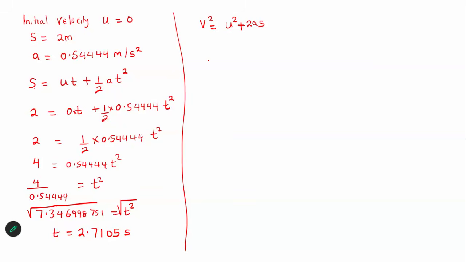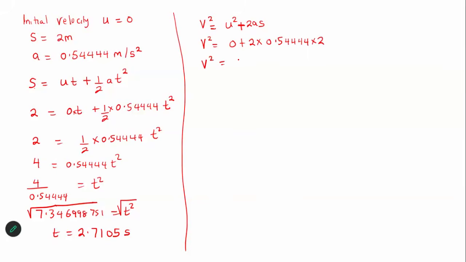Maybe those who are using this approach, you first get the velocity the particle had after the 2 meters. So that is going to be v squared equal to initial, which was 0, plus 2 times a, which is 0.54444, then times s, which was 2.